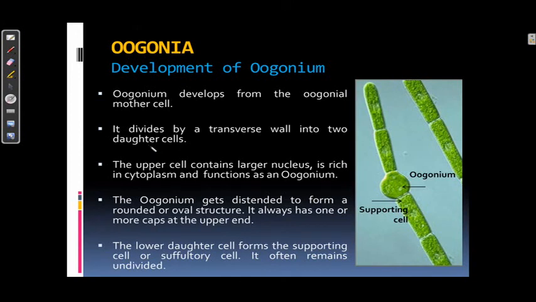Out of these two daughter cells, the upper cell, which contains a large nucleus and is rich in cytoplasm, behaves as the oogonium. Whereas the lower cell, which is towards the distal end, behaves as a supporting cell, or we can also call it the suffultory cell.